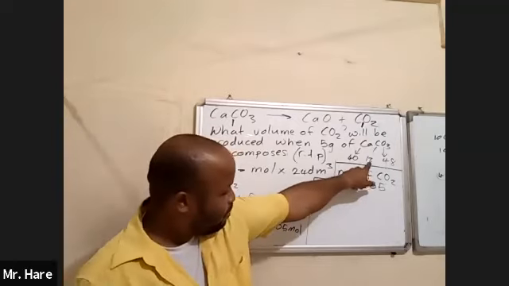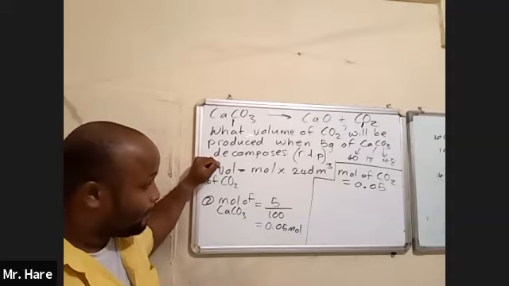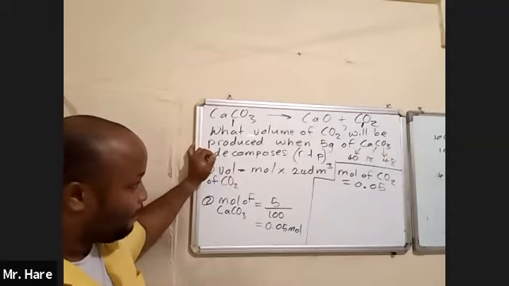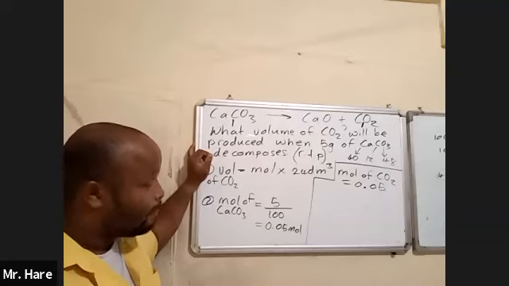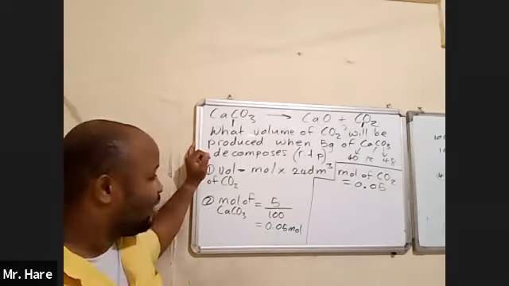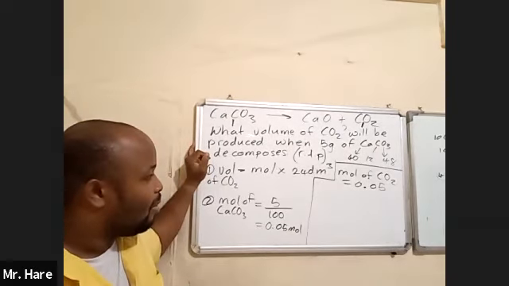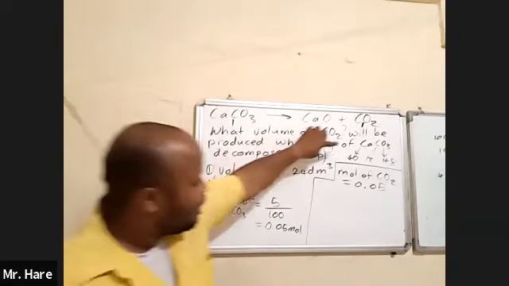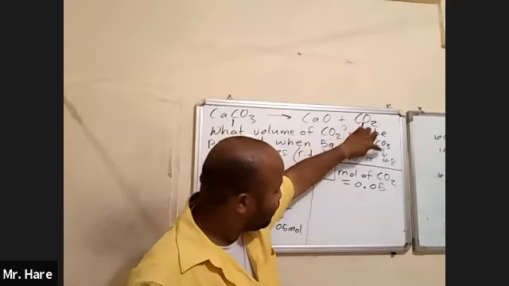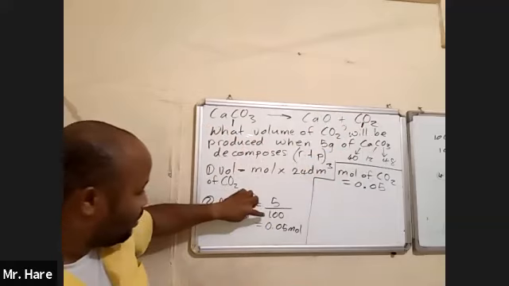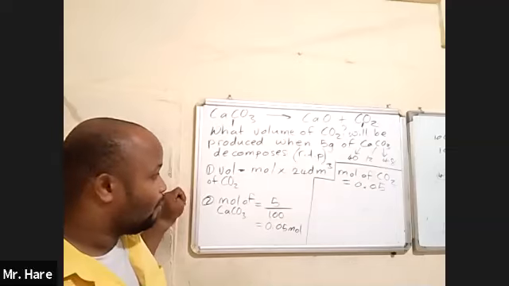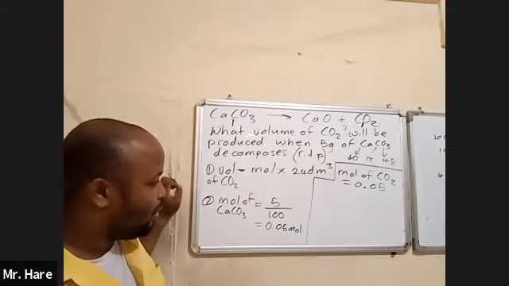That is correct, 12. And then the oxygen would be 16 times the 3. So calcium is 40, carbon is 12, 3 oxygen is 48. When you add them up, they get 100.